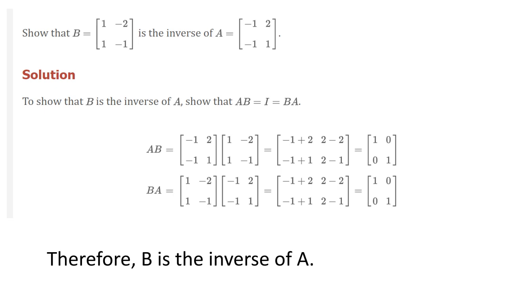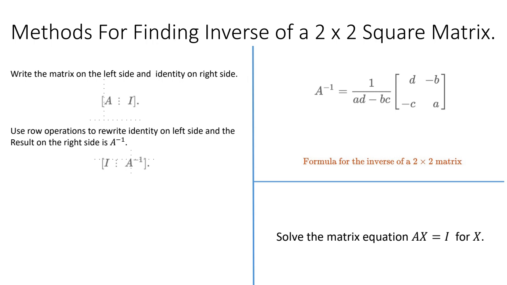All right, so methods for finding inverses of a 2 by 2 square matrix. Now I do have to give a disclaimer. There is a formula given in your book to find the inverse of a square matrix, and not just any square matrix, a 2 by 2 square matrix.